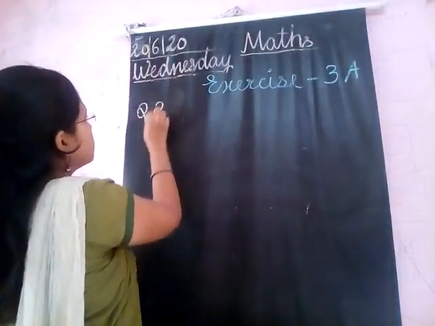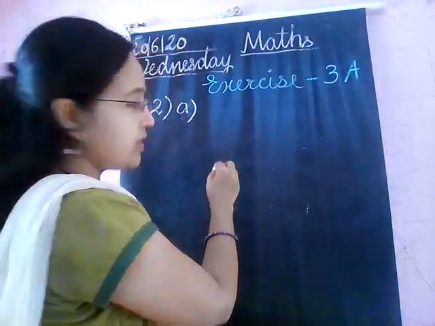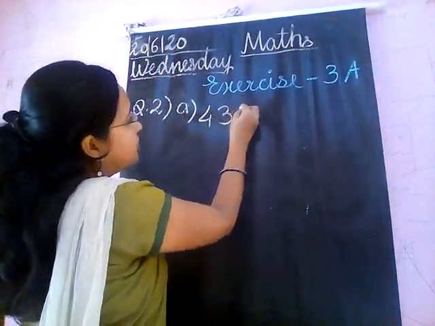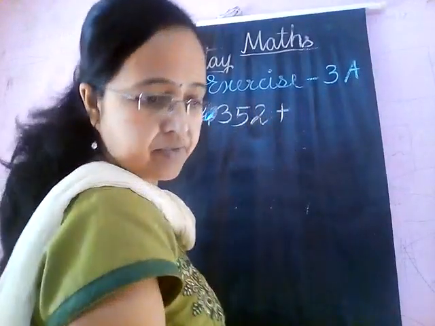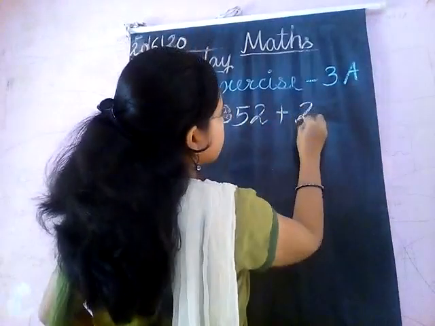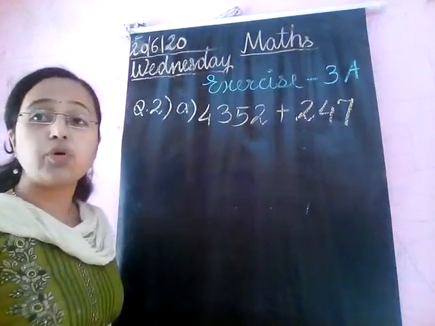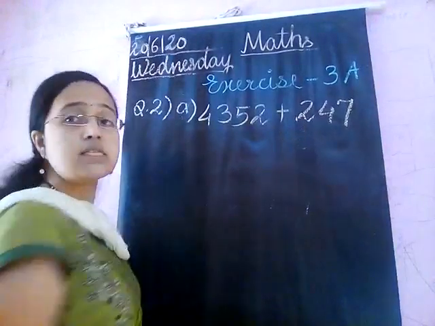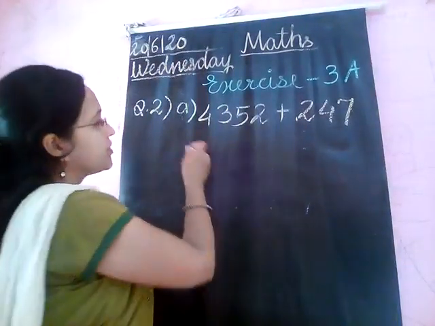Question number 2, that is in that A1, 4352 plus 247. Now see, children, one number is a 4-digit number and another one is a 3-digit number. So how to add this?